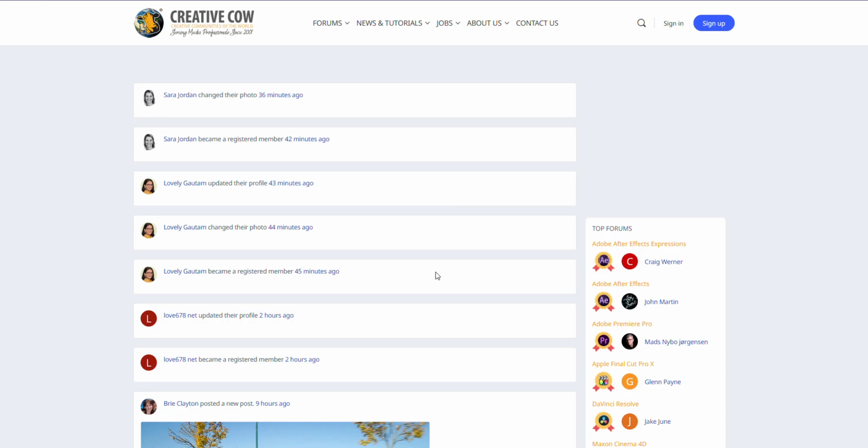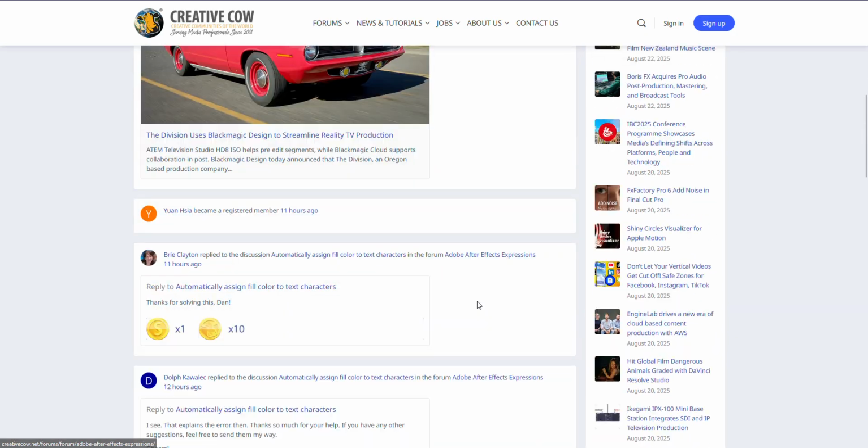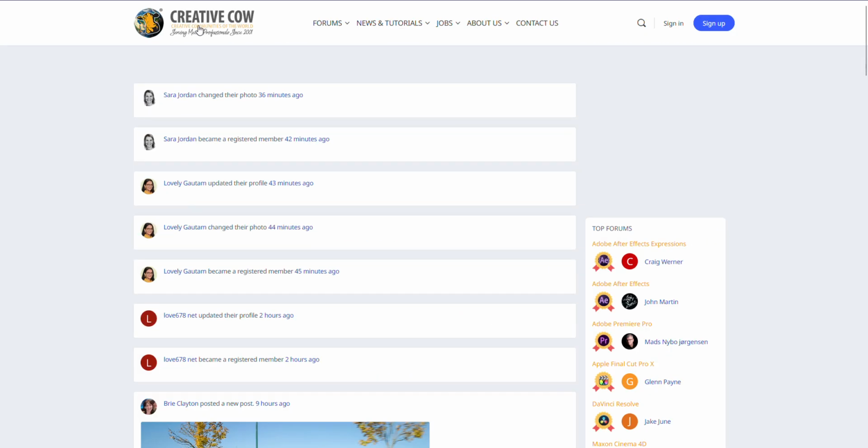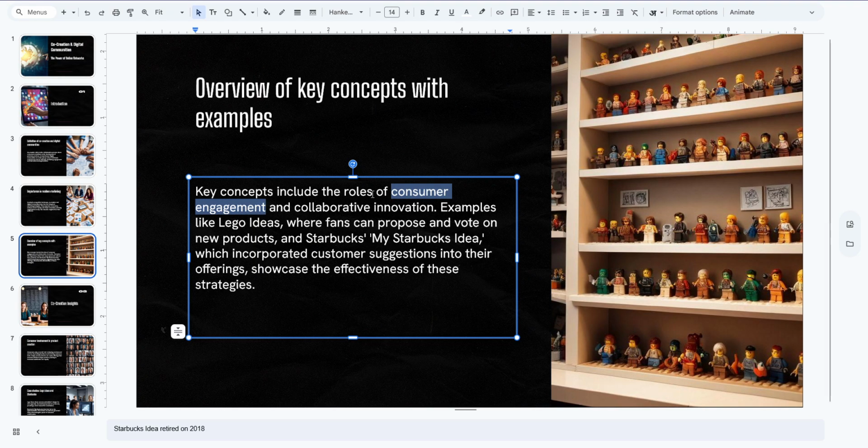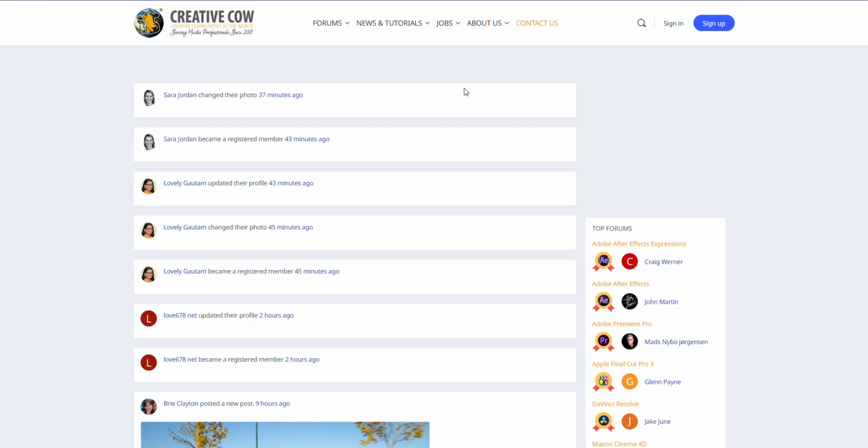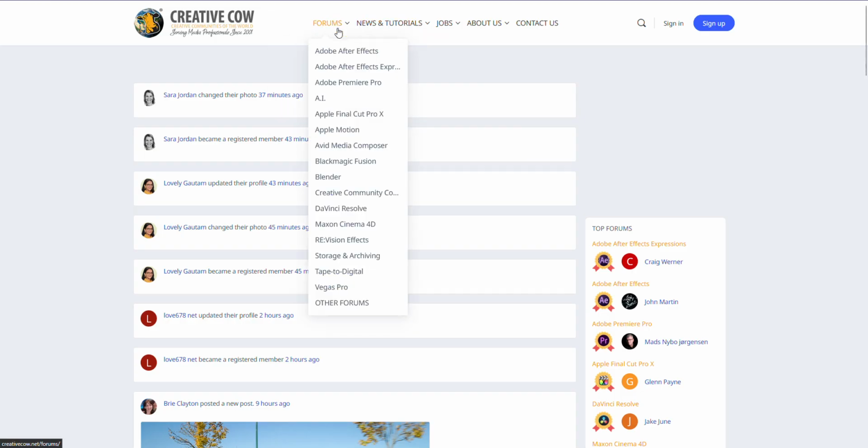But later on when you're working, if you have any problem, then you can seek a solution from this community. So essentially, it's about creating digital communities so that people will be able to find the solution, right? Creative Cow is not by Adobe, even though it covers all of the Adobe-based softwares.